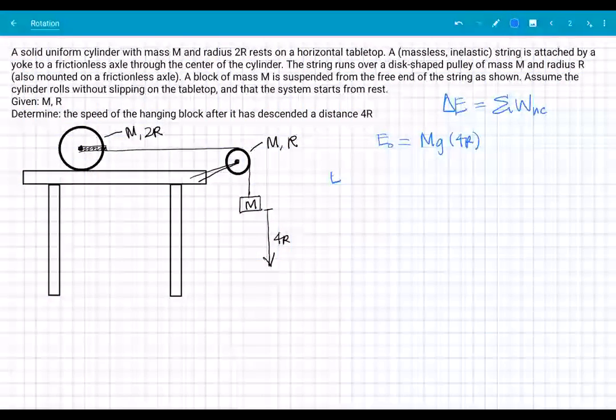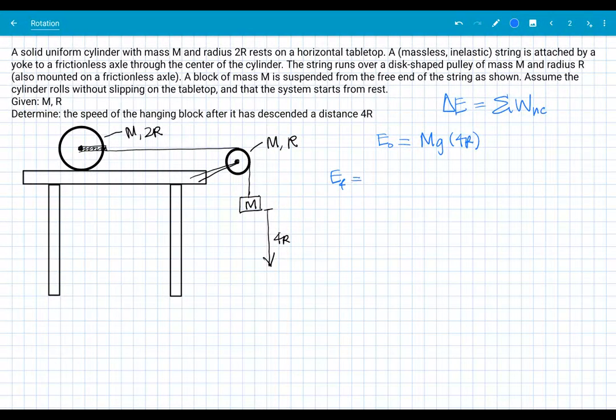And finally, after the hanging block has descended through the distance 4R, everything's moving now, right? So we can go one piece at a time. We can start with the block. The block itself is going to have kinetic energy, 1/2 mv squared. I'll just call that v.